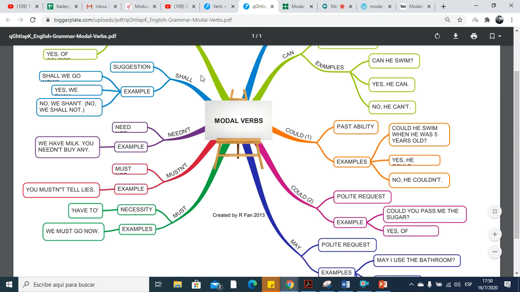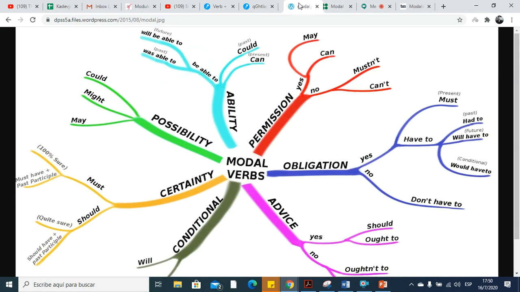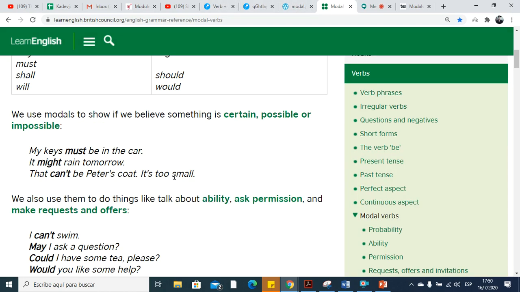That one said necessity, but this other one says certainty. It's as if you were saying in Spanish, mis llaves deben estar en el carro.